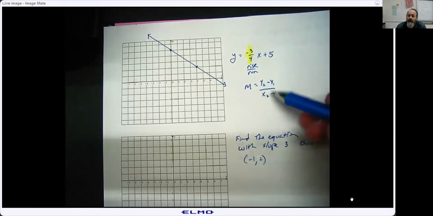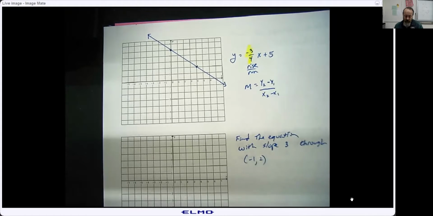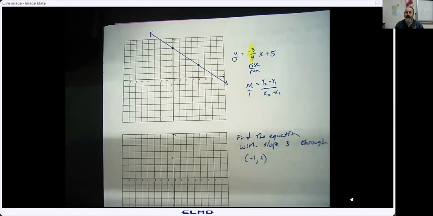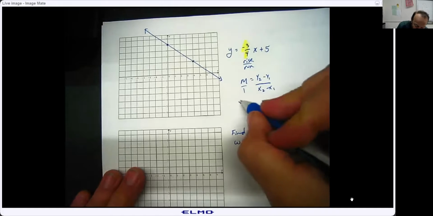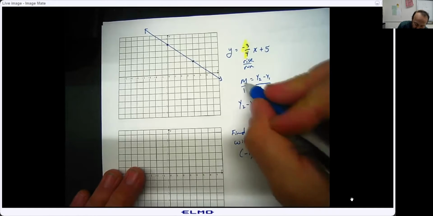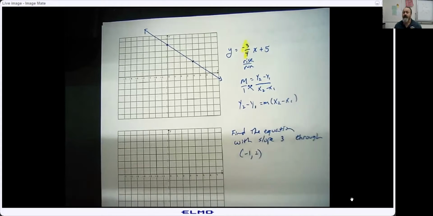And your run would be how much your x is changing, x2 minus x1. Now, the reason I bring that up is if you were to consider this like a fraction and you cross multiply, the number 1 times this is y2 minus y1. And if you cross multiply this way, you'd have m times x2 minus x1.